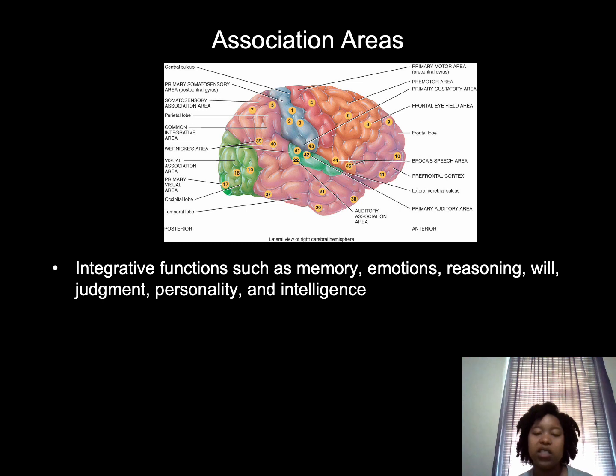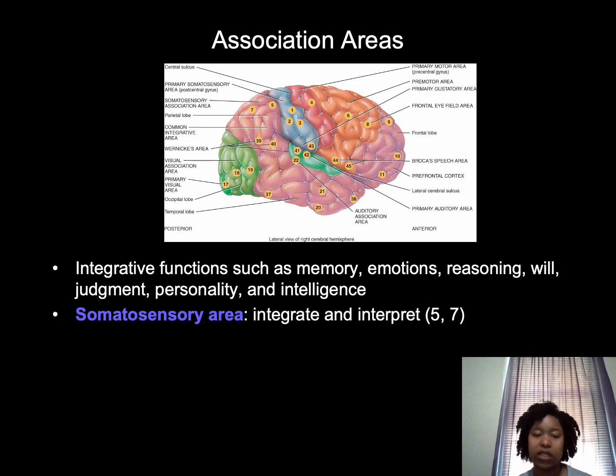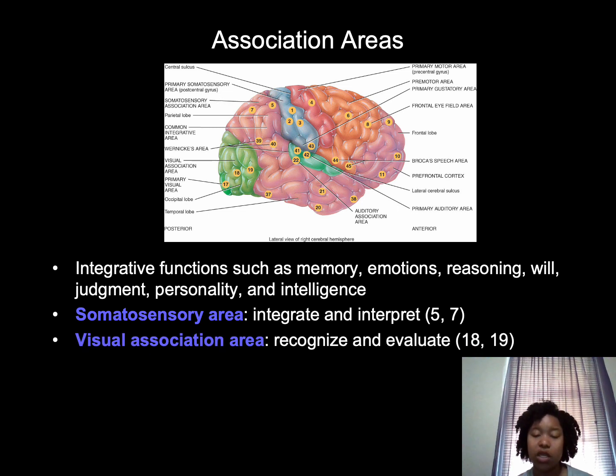As far as association areas go, same image. Integrative functions such as, like we said, memory, emotions, reasoning, will, judgment, personality, and intelligence. That goes to the somatosensory area as well, to integrate and interpret. That's number 5 and number 7. The visual association area recognizes and evaluates stimuli. So instead of just receiving that information in sight, that's number 7.